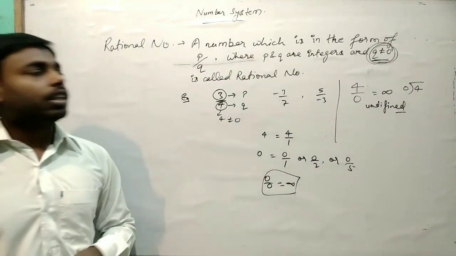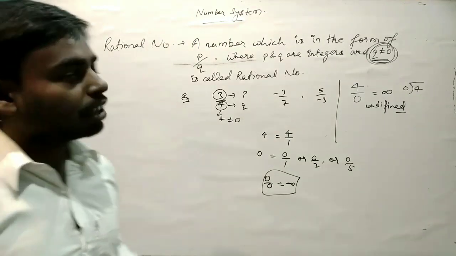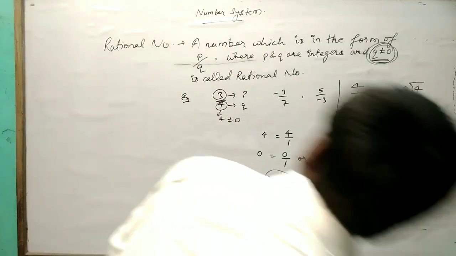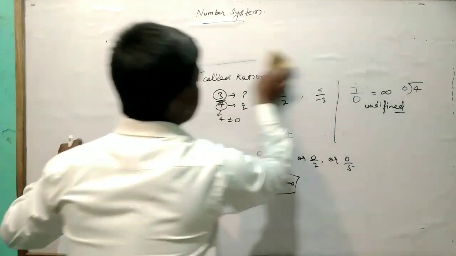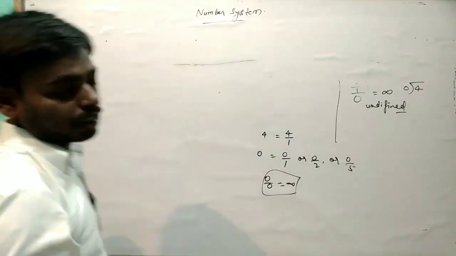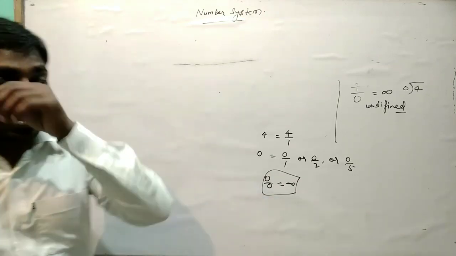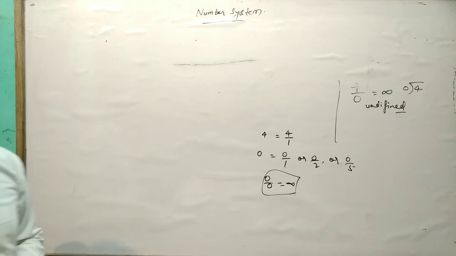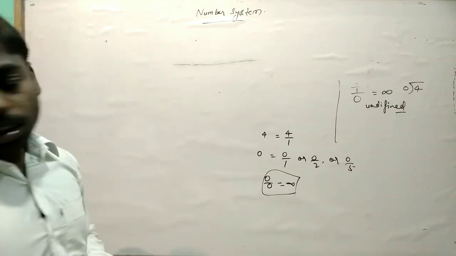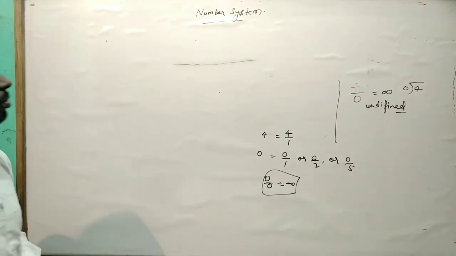Okay, there are some facts about rational numbers. Next we see what the facts are. The first fact is that every rational number does not have a unique representation.